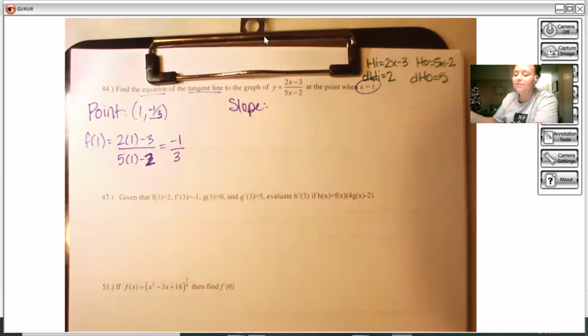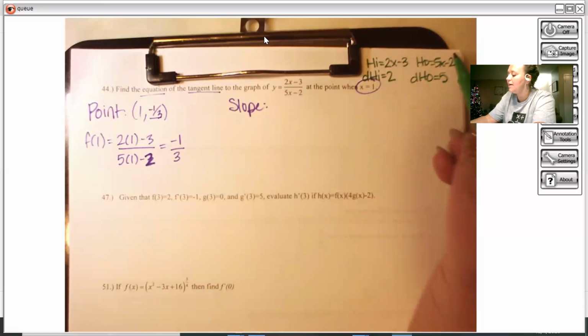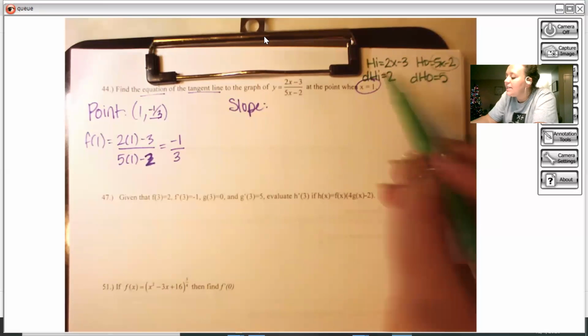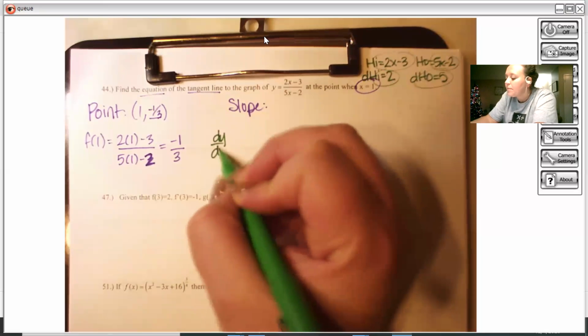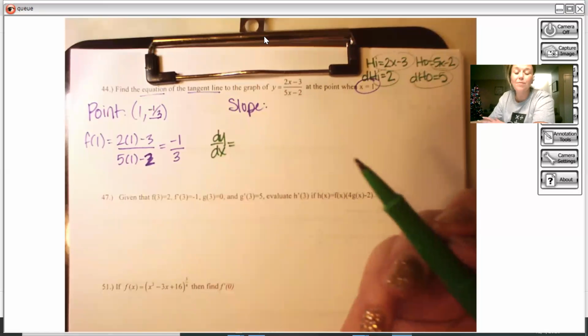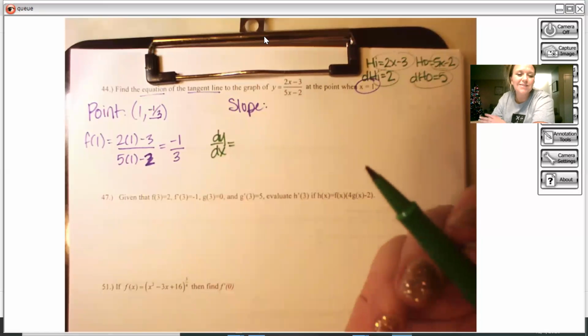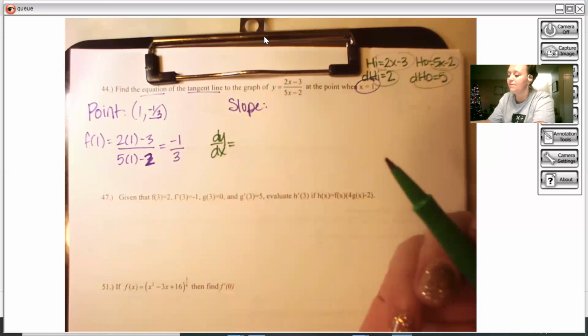So when I take the derivative, remember, it's ho d hi minus hi d ho. So dy dx equals, you could also call this y prime, f prime of x. It doesn't really matter, okay, as long as you label it with something.